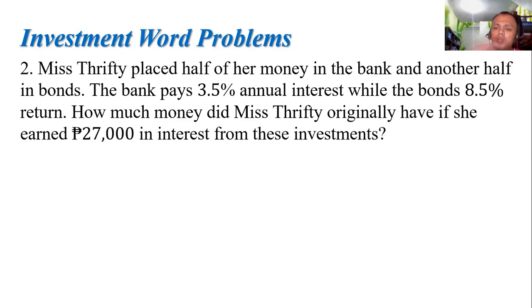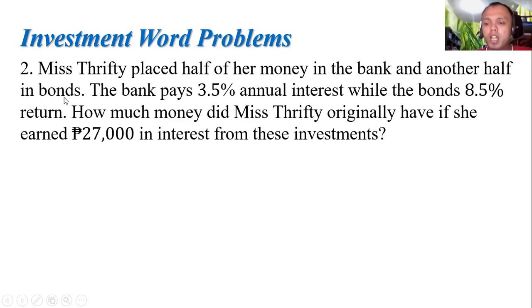Okay, it is almost the same doon sa first example, but this time hindi given yung kabuuang money niya. Pero hahanapin pa rin yung kabuuang pera niya, yung principal amount kung tawagin. Pero naka-invest na siya. Dito kasi si Miss Thrifty, yung kalahati ng money niya nilagay niya sa bank and then yung kalahati naman sa bond.